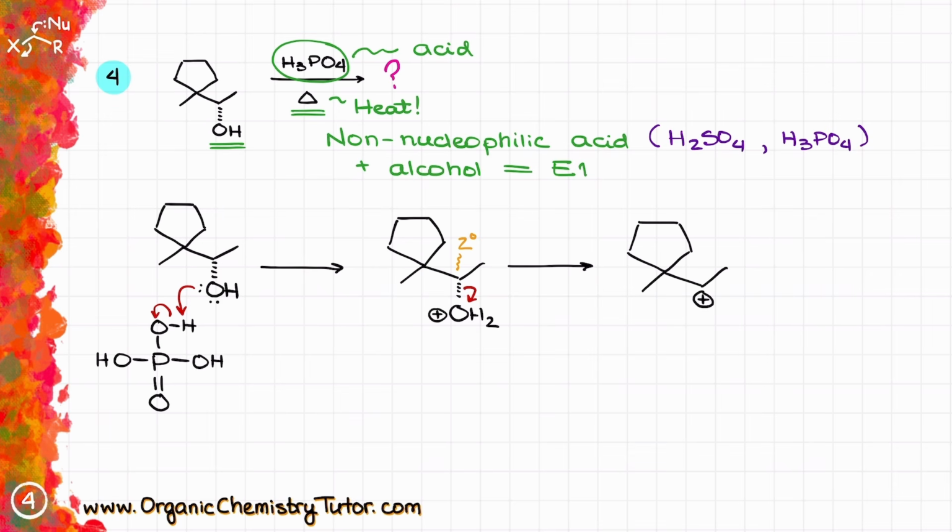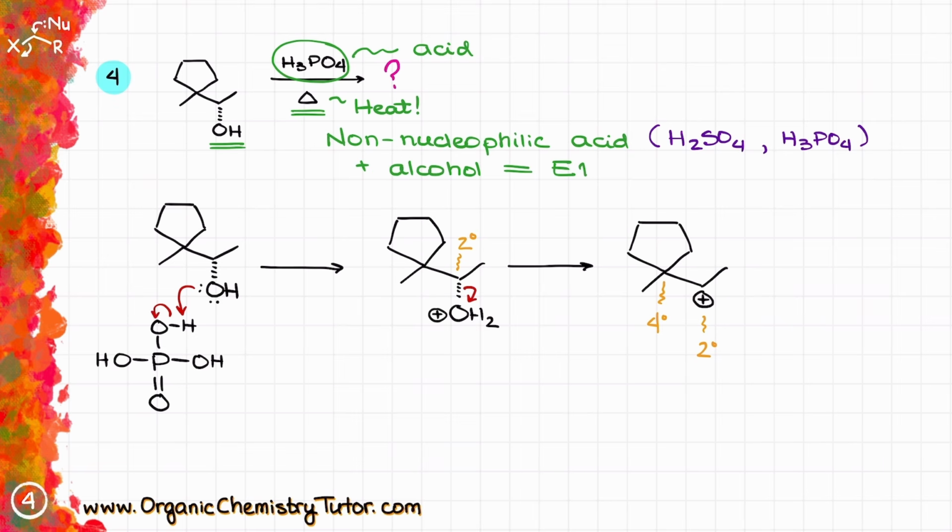So I can easily have my leaving group dissociating and giving me the corresponding carbocation, which is going to look like this. And remember, as soon as you have a carbocation, you always need to check for any possible carbocation rearrangements. In this case, I have a secondary carbocation, and right next to it I have the quaternary position, which means that we can do an alkyl shift and make a more stable tertiary carbocation. In this case, there are two possible alkyl shifts.